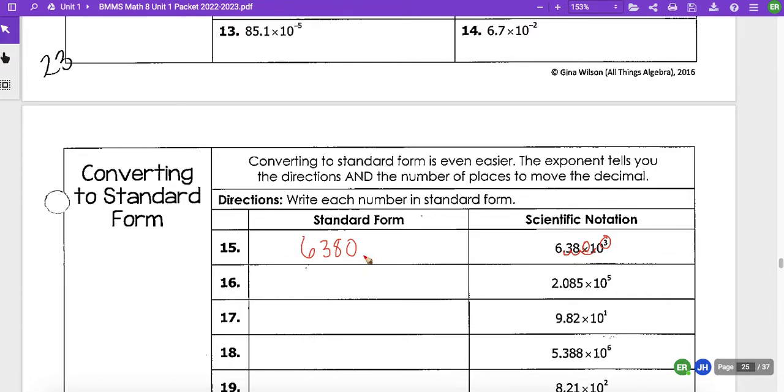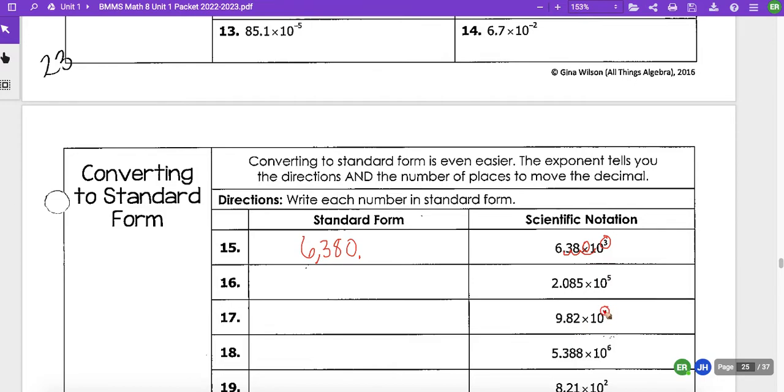And remember, we don't say 6,380 decimal, so we don't need to put it at the end. Can you put it there just so you know where you moved it to help you out? Certainly. Okay, but it doesn't need to be there. And remember, we use commas, so 1, 2, 3, comma. So this is 6,380.